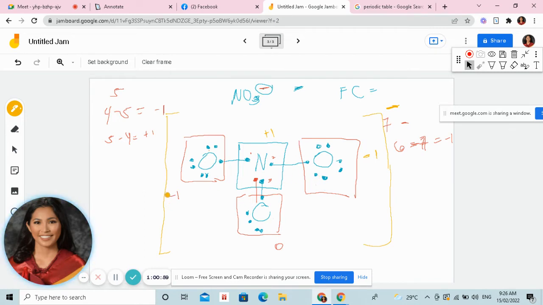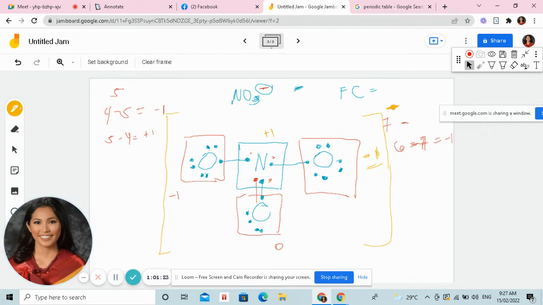So we have -1 plus +1, that is 0, plus 0, plus 0, plus -1.